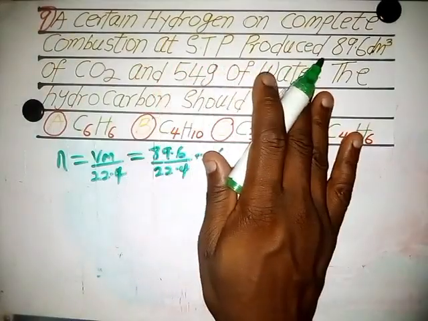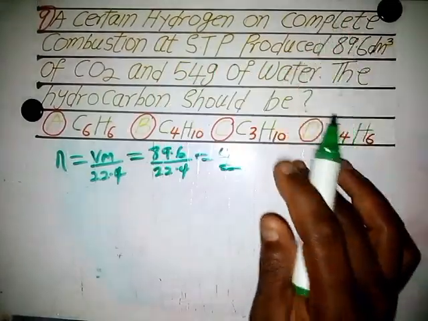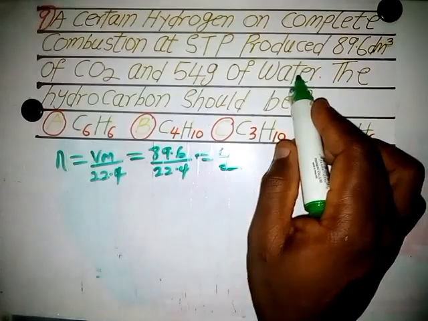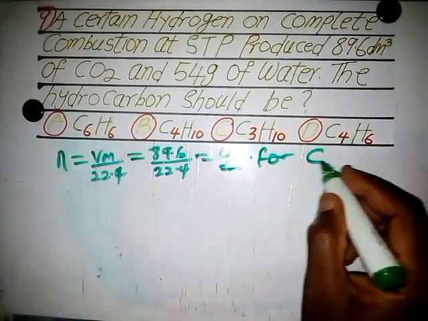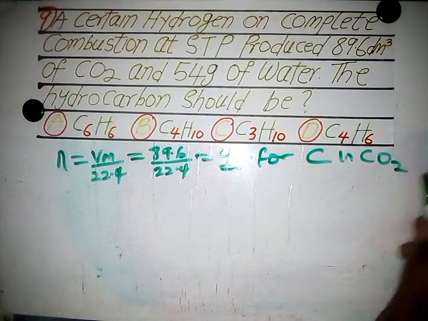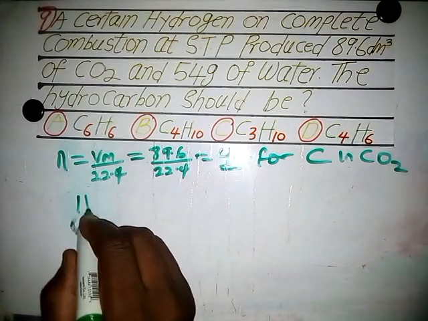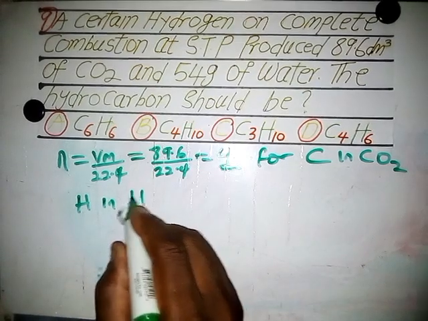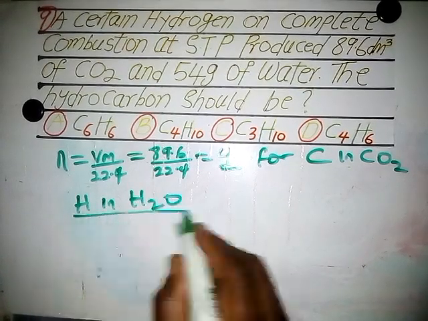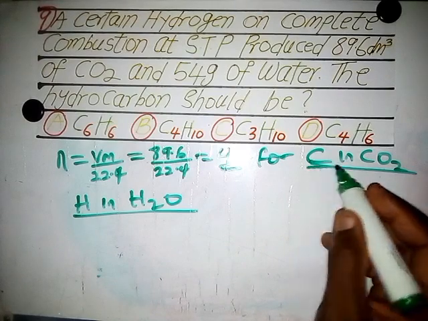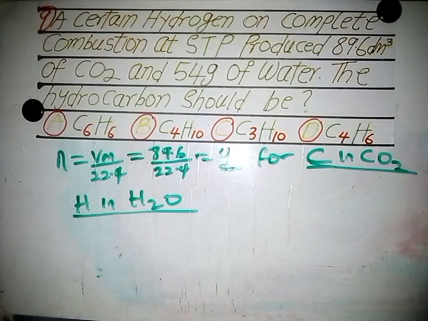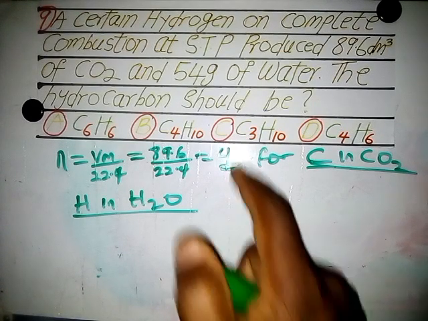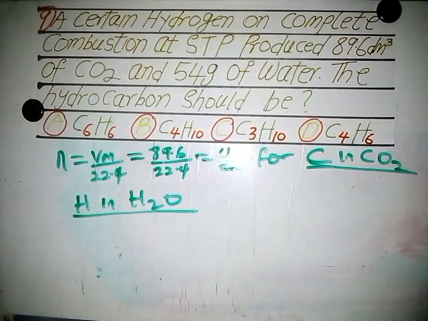Let's go for hydrogen. Remember, the hydrogen is present in water. In this case, we are given 54 grams of water. So we want to do hydrogen in H2O, but we are only given 54 grams of water. The first thing we have to do is calculate the amount in moles of the water.